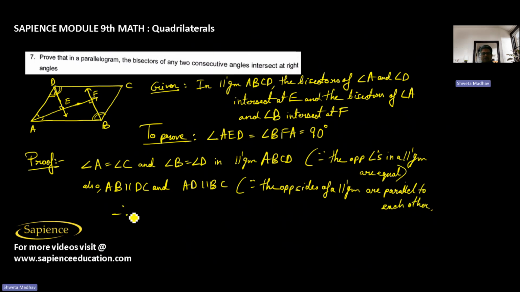Now, therefore, you can see that angle A plus angle D is equal to 180 degrees. Since why?